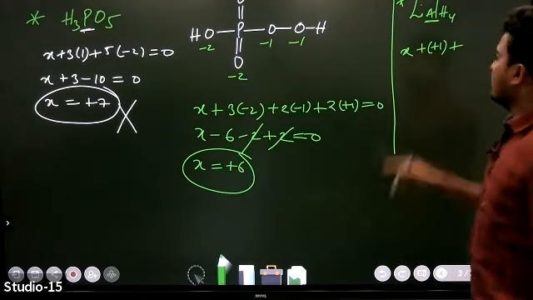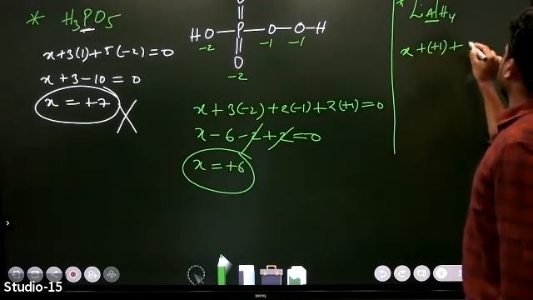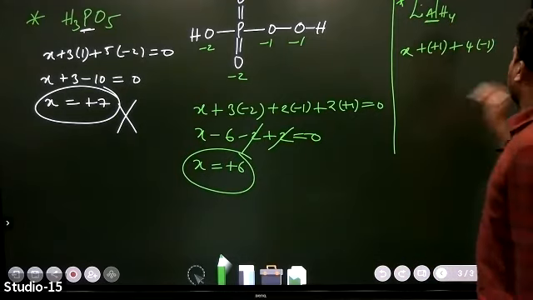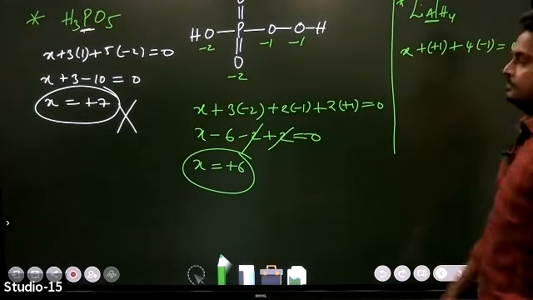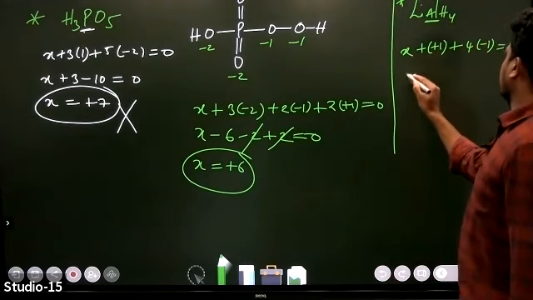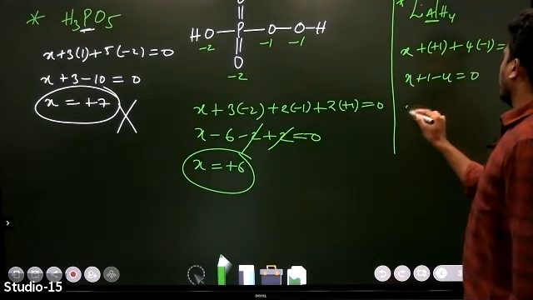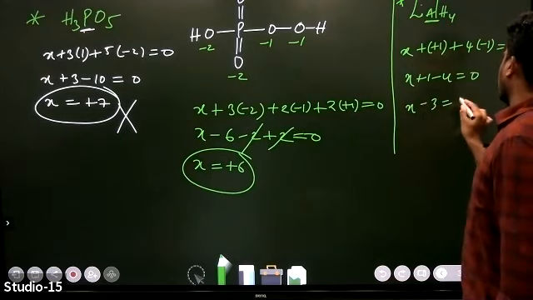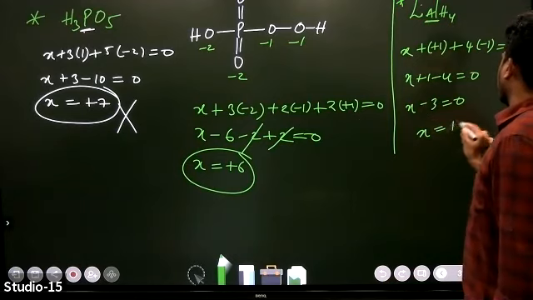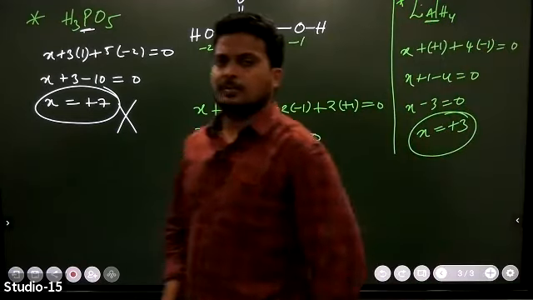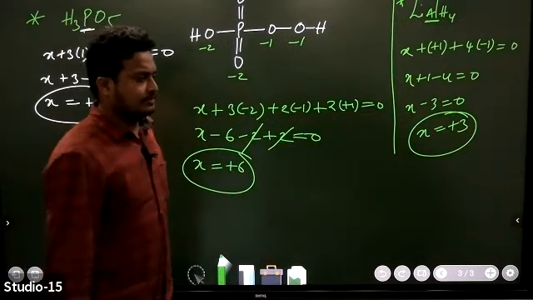And here we have four hydrogens. 4 hydrogens show -1 oxidation state, equal to 0. X plus 1 minus 4 equals 0. X minus 3 equals 0. X equals +3. In lithium aluminium hydride, aluminium shows +3 oxidation state.